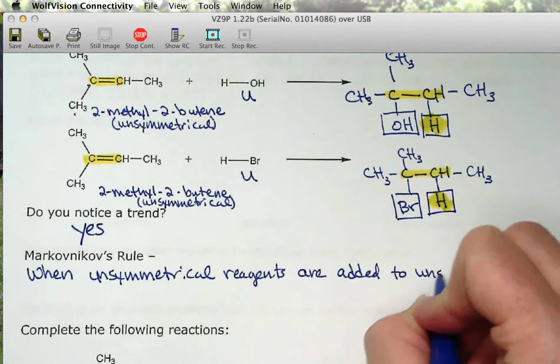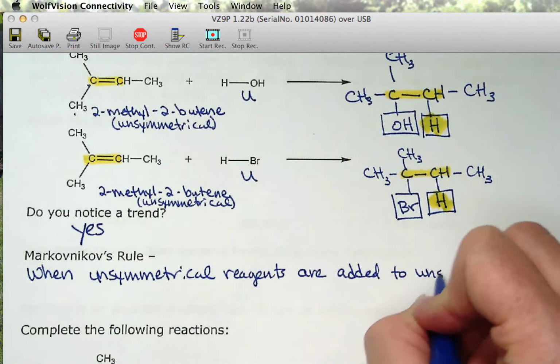All right, so these last two, the first two we had symmetrical, so we don't have to think about Markovnikov's rule. These last two, we have unsymmetrical reagents being added.